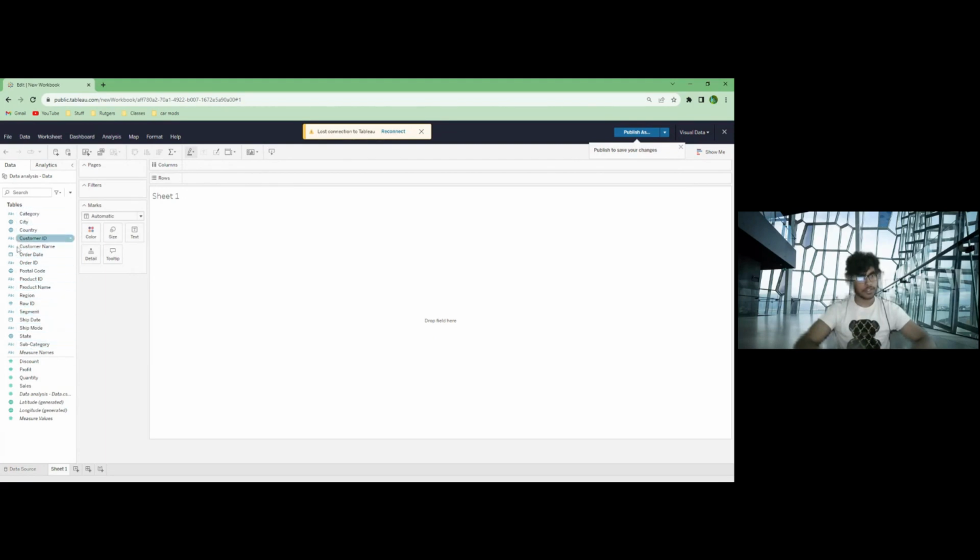So as you can see on the left, we have a lot of tables with categories, city, country, customer ID, etc. So let's drag state and put it into the rows section over here.